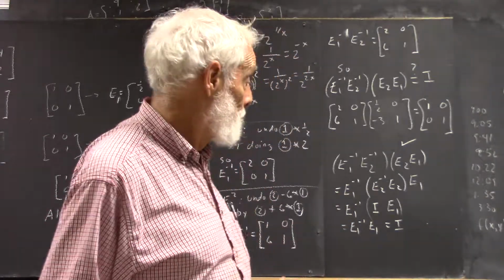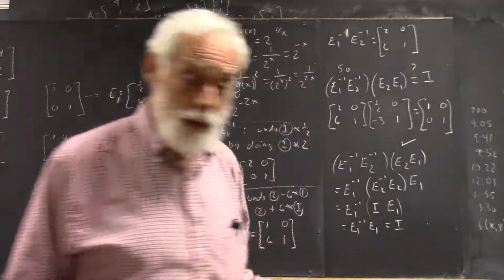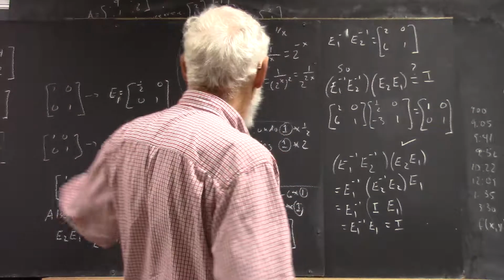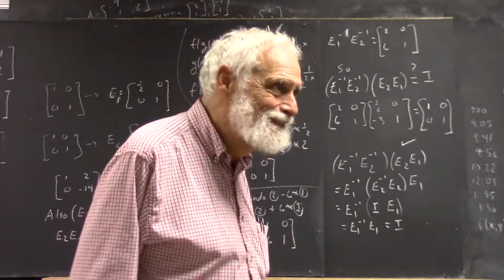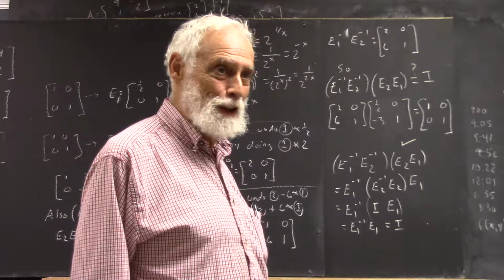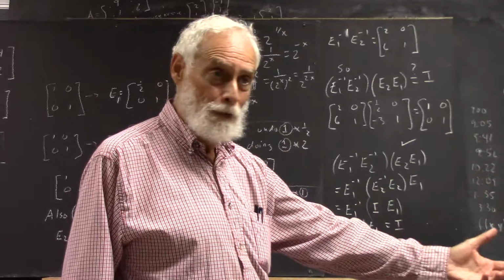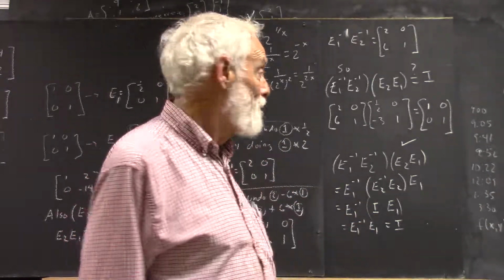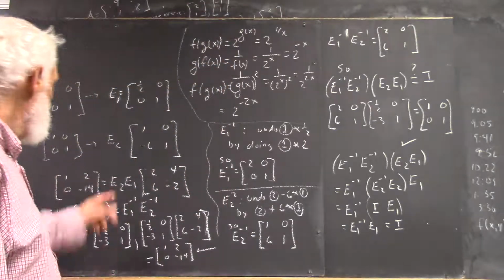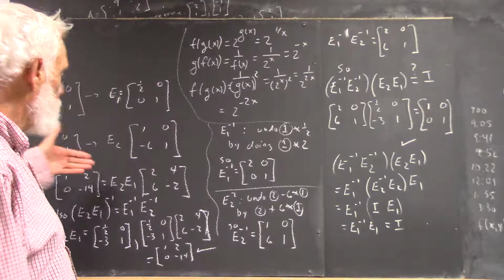Okay? So there we have it. And if this is a bigger matrix and we had an E1 through E40, well, we do E1 inverse down through E40 inverse, right? So if we have E40 down through E1, we'd be multiplying that by E1 inverse through E40.